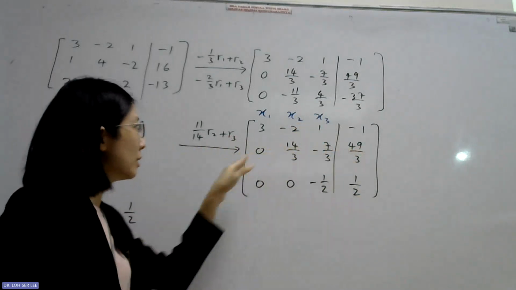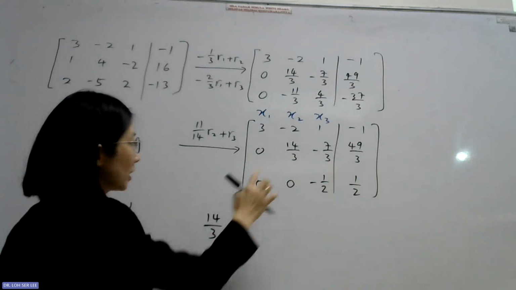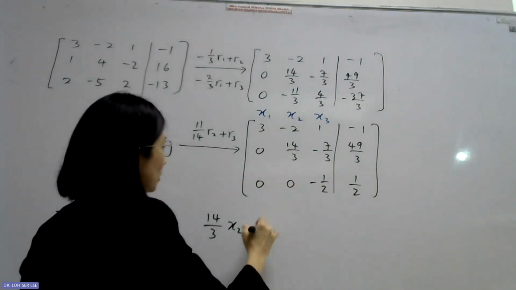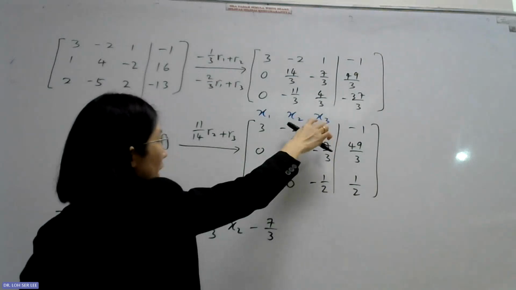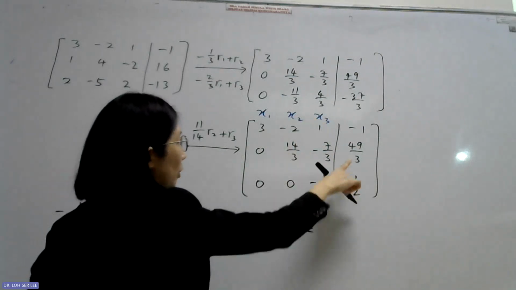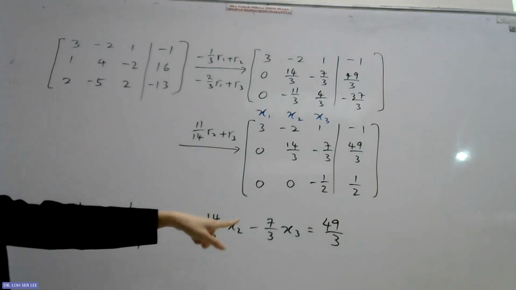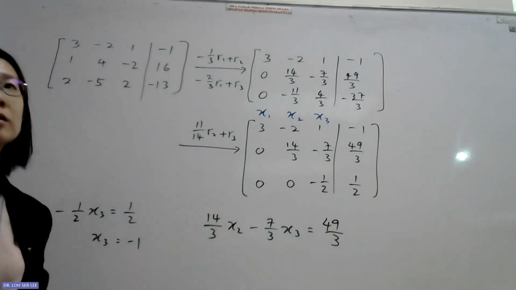And the second row is 14 over 3 x2 minus 7 over 3 x3 equals to 49 over 3. Okay, so substitute x3, solve for x2.